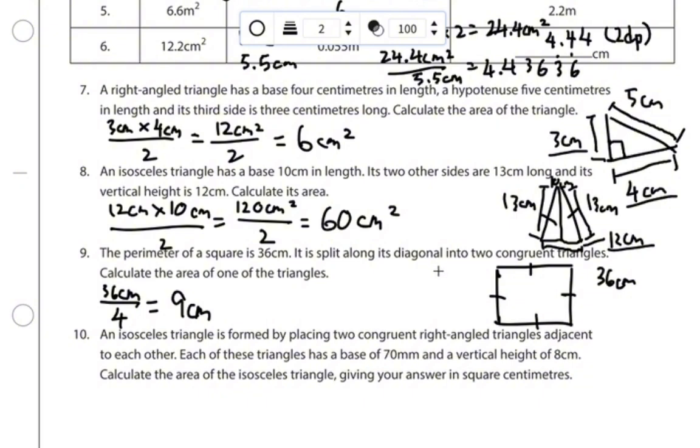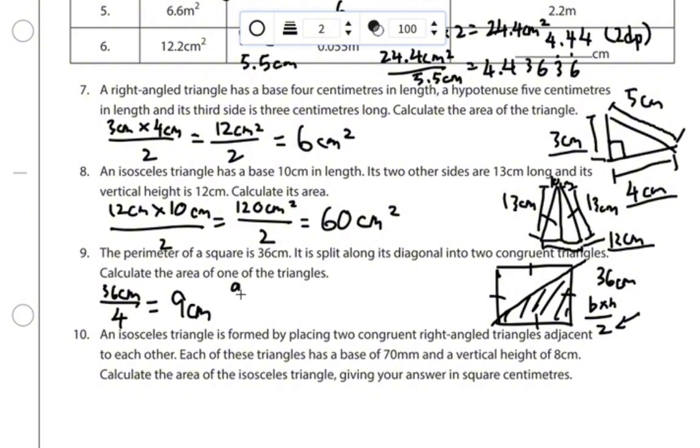Now, how to find the area of one of the triangles? We will just use the formula of the triangle, because the formula to find the area of a triangle is base times height divided by 2, right? And the reason why it's divided by 2 is because with the vertical height and the base, if we divide it by 2, it will be one of the triangles.